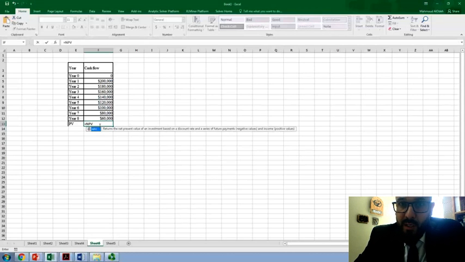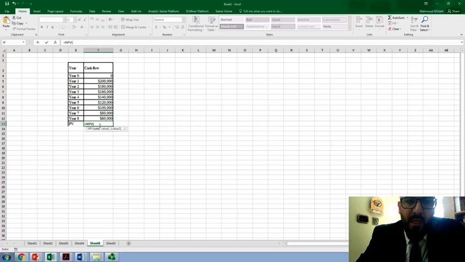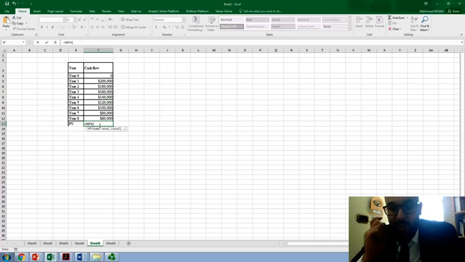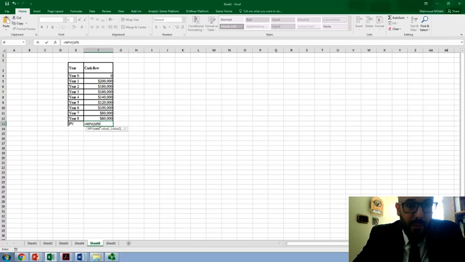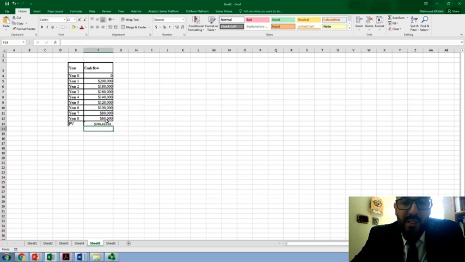If you have one transaction in one year, you could use the PV function, but since you have more than 1 year, you need to use the NPV. So NPV, interest rate of 10%, then you select all these values and close the parentheses. That gives you the present value of all these transactions.